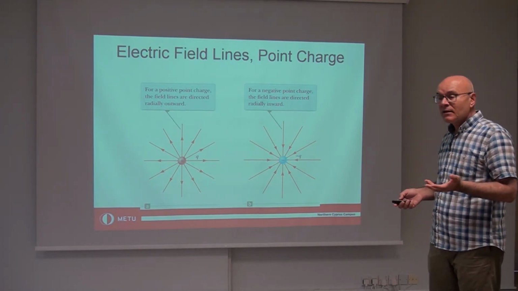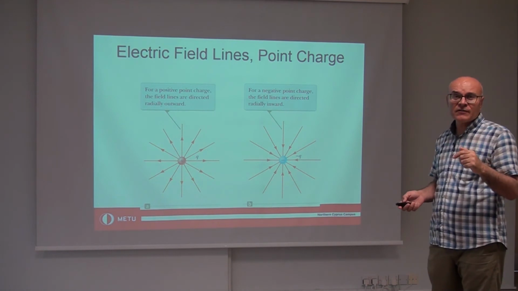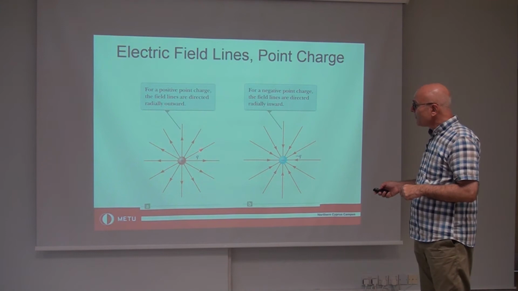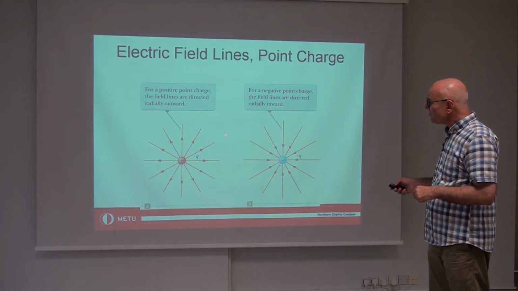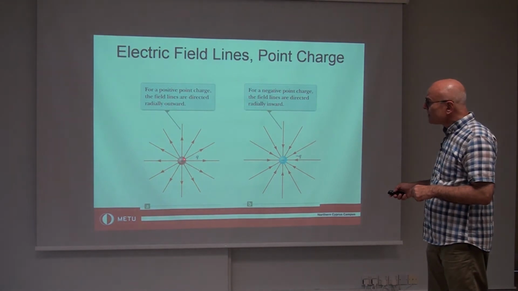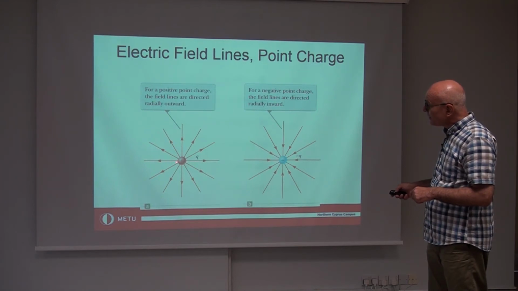Now, why is this? Well, this is because they reflect what we know about the direction of the electric field of a point charge. We know that the electric field at any point P of a point charge will always be directed along r hat, which goes from the source point charge to the point P. So r hat is always in this direction. If you want to find the electric field here, it should point in this direction. If it is here, the electric field should be here.